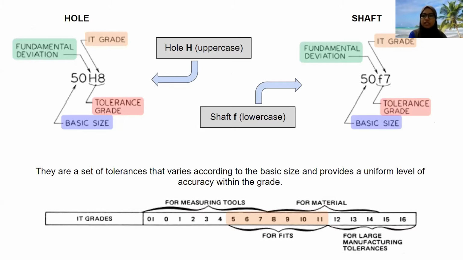Same also: the front is the basic size, the f is the fundamental deviation, and the back number is the IT grade. F7 or H8 is the tolerance grade. So there is a set of tolerances that varies according to the basic size and provides a uniform level of accuracy within the grades.